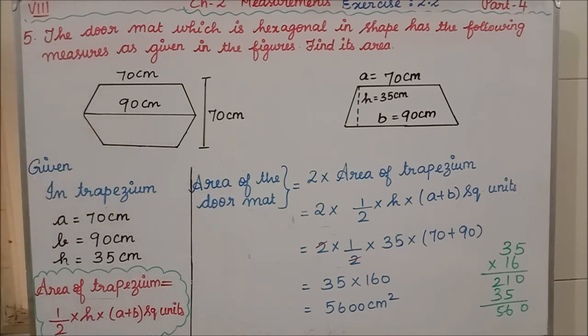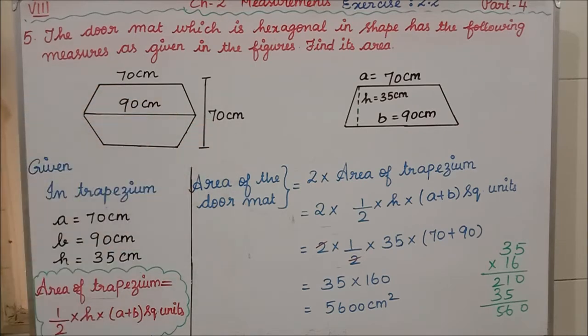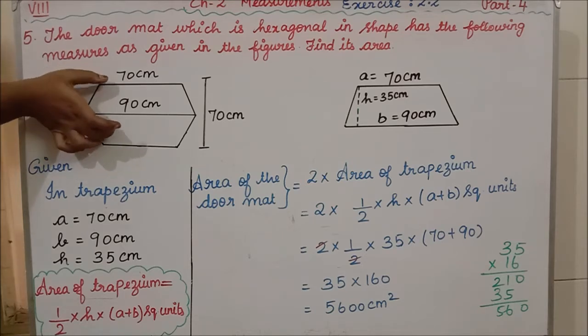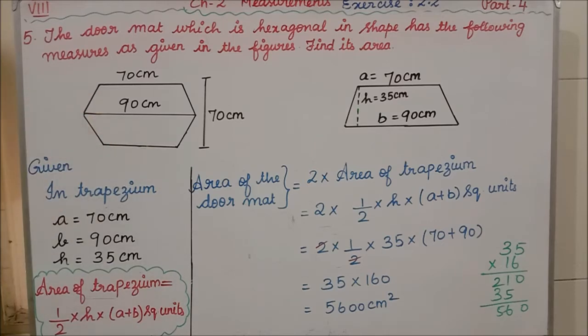So how will you find the height of one trapezium? You have to divide 70 by 2. If you divide 70 by 2, what will you get? You will get 35. So this height is 35 centimeter and this height is 35 centimeter.